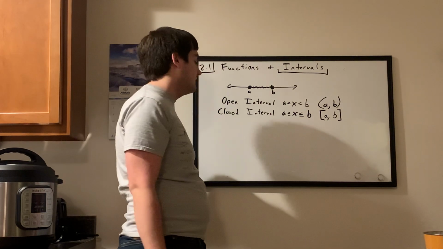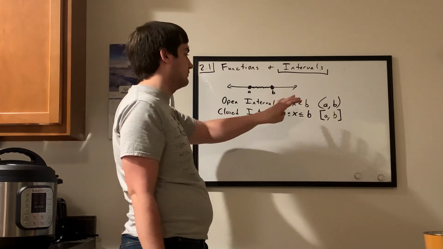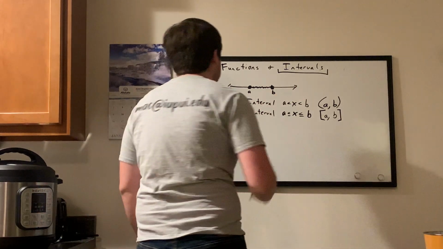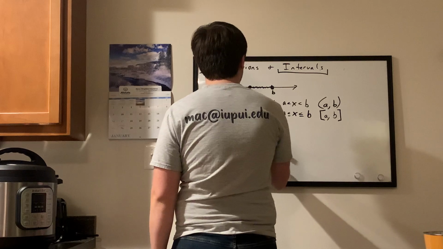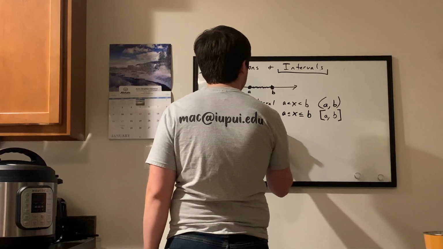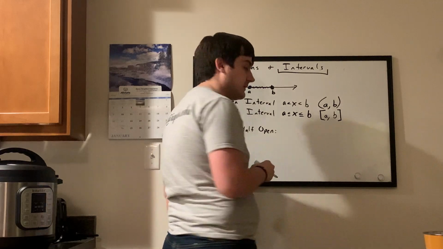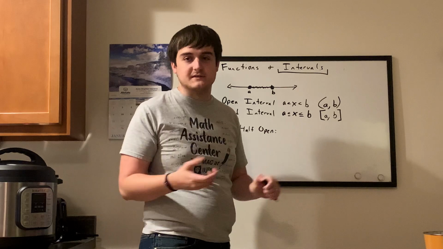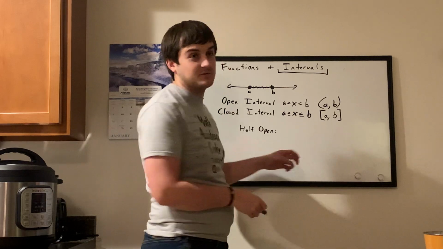Now, obviously, we don't just have to be restricted to open or closed. We can also take a mix. These types are called half open intervals. Half open for an optimist versus half closed for a pessimist. So we're going to stick with half open.